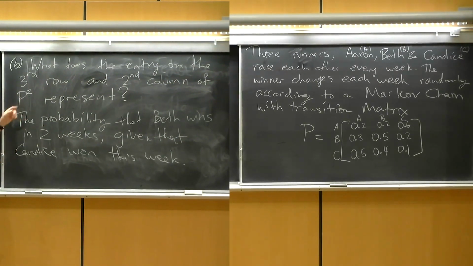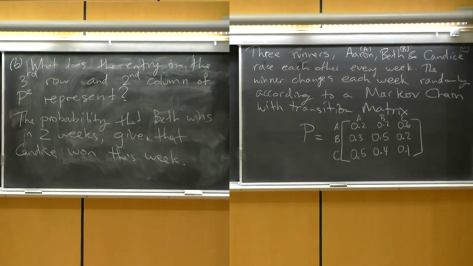Assuming Candace won this week, this will include the probability that Aaron wins next week and then Beth, or Beth wins next week and then Beth wins again, or Candace wins next week and then Beth wins. So it takes into account all the different possibilities. And yes, those different things have different probabilities.